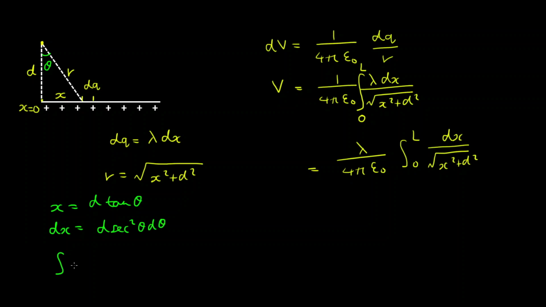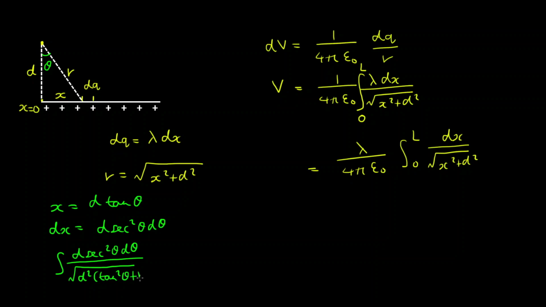So if we make the substitution for x and dx, what we get is d sec squared theta d theta in the numerator. And that's divided by the square root of x squared, which is d squared tan squared theta, and then plus d squared.